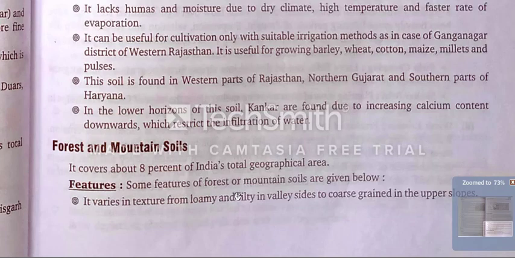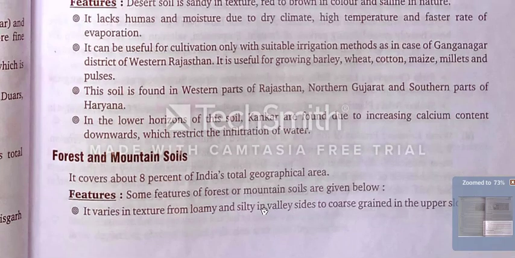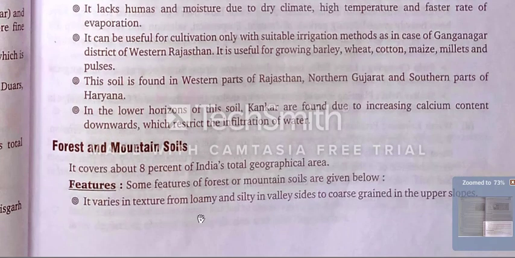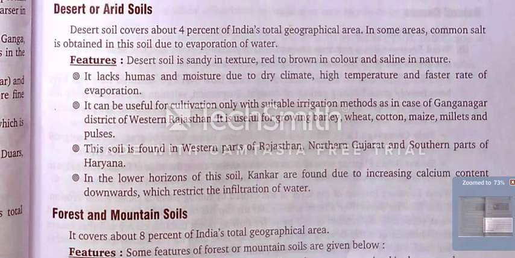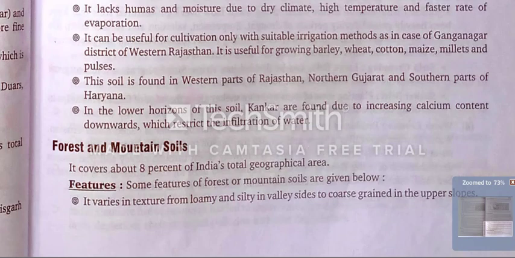Some features of forest or mountain soil are given below, in which first is it varies in texture from loamy and silty in valley sides to coarse grained in upper slopes. Okay, varies means changes. It changes in texture. Texture means design, structure. It changes in structure.